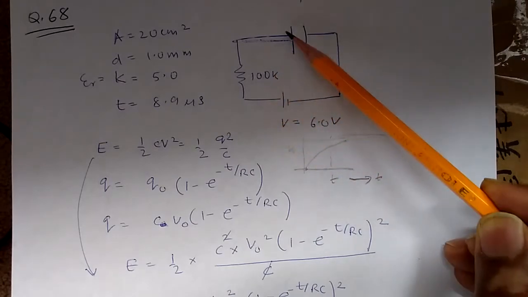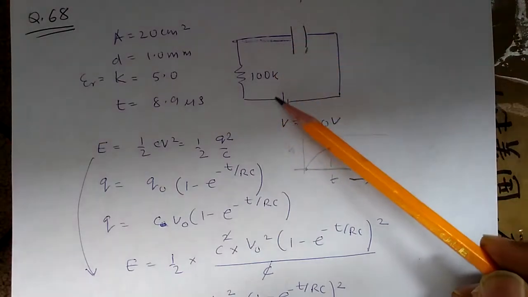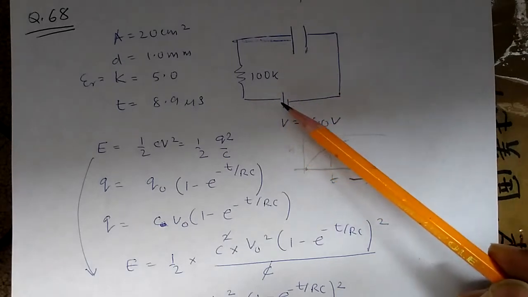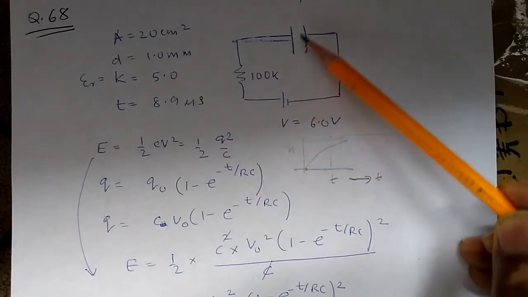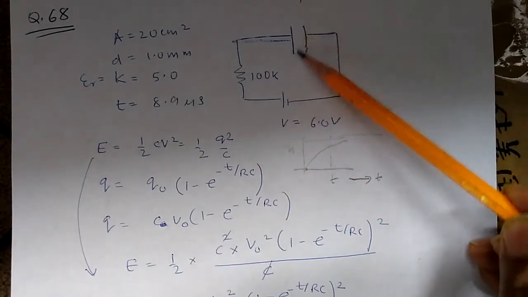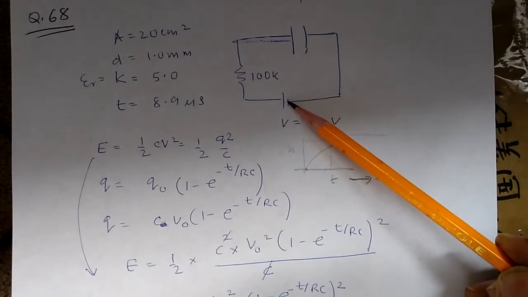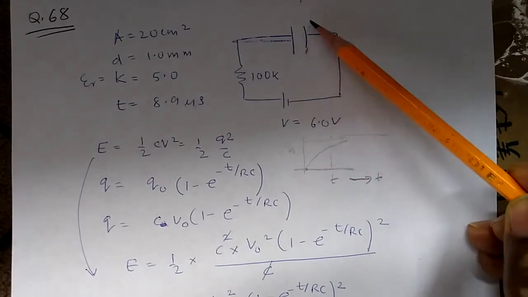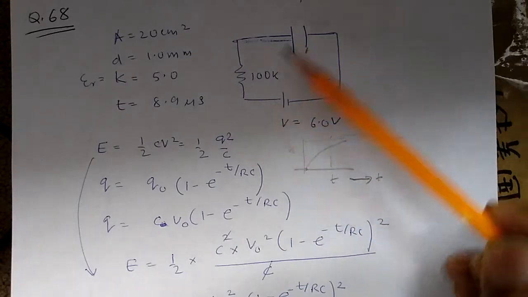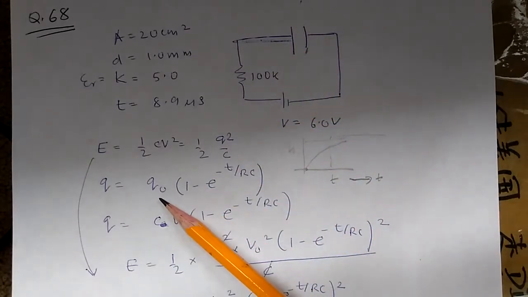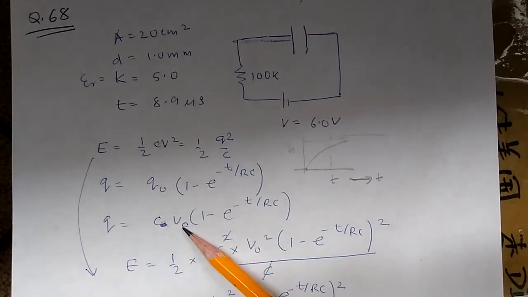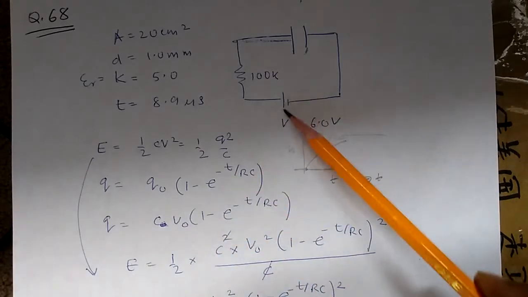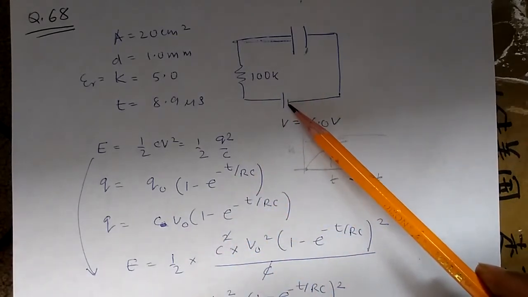As the voltage starts increasing on this capacitor, finally it reaches the same value as the battery voltage. At that particular time, the final maximum charge is given by CV naught, where V naught is the voltage of this battery.